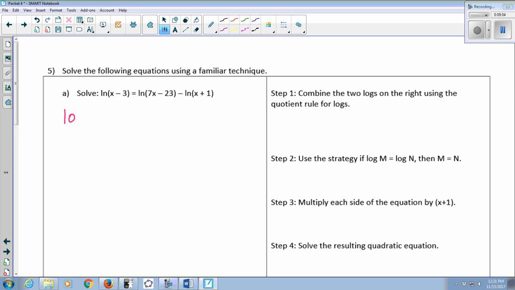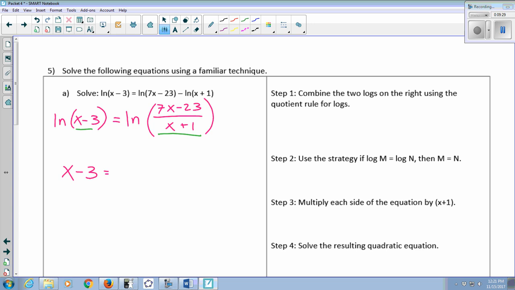So I have on the left, I'm just copying, the ln of x minus 3 equals, I'm going to combine these using the quotient rule, the ln of 7x minus 23 over x plus 1. So now I have the ln of A equals the ln of B, and that means that A has to equal B. So I can set x minus 3 equal to 7x minus 23 over x plus 1.